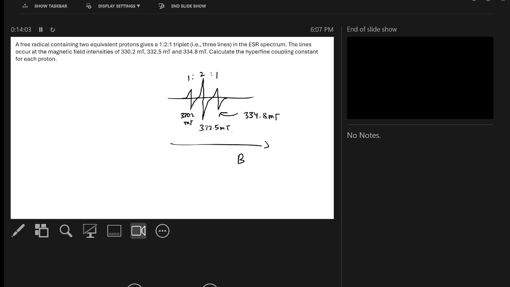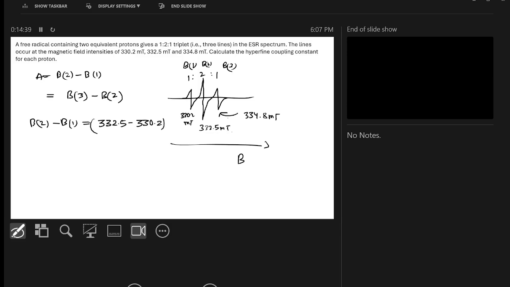So the hyperfine constant A, let's say we are calling these B1, B2, B3. So this hyperfine constant should be B2 minus B1. This must be equal to B3 minus B2. So you can calculate B2 minus B1: 332.5 minus 330.2 millitesla.